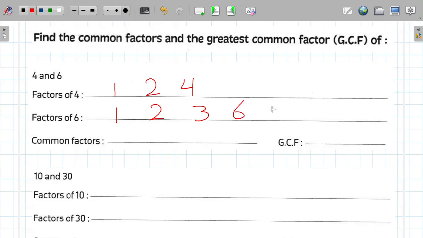Okay, so I will search about the repeating factors or the common factors. The common factors here are 1 and 2, so the greatest common factor is the biggest number here, so I have here 2, so the greatest common factor is 2.